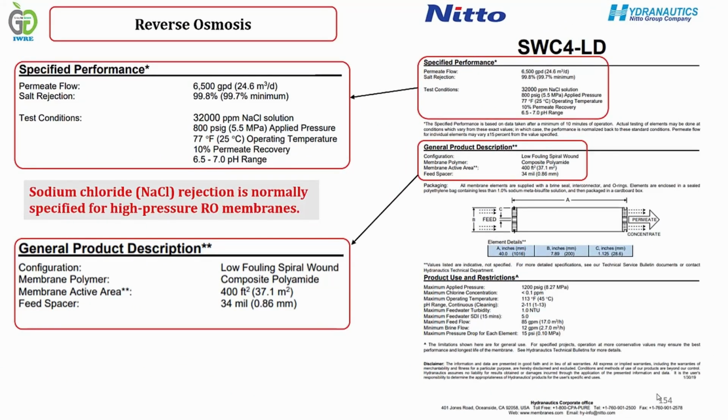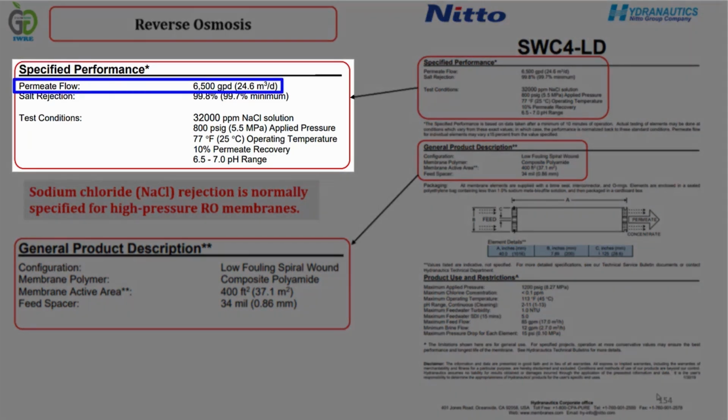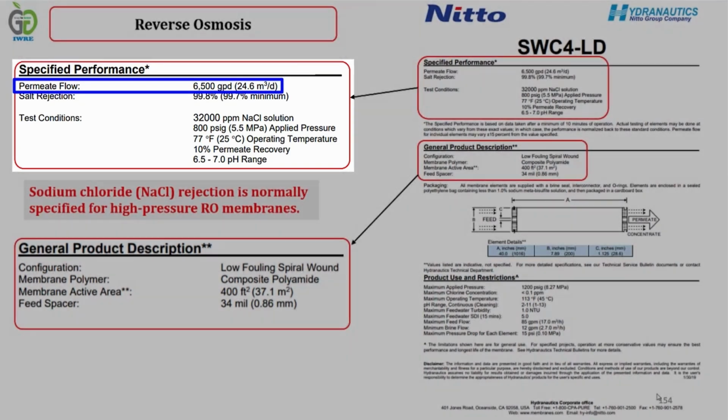After determination of the module type, such as SW or BW, based on the feed source and TDS, you can select the catalog. You can get some important information in the catalog, such as specified performance, general product description, and product use and restrictions. Permeate flow rate can be obtained in the specified performance.